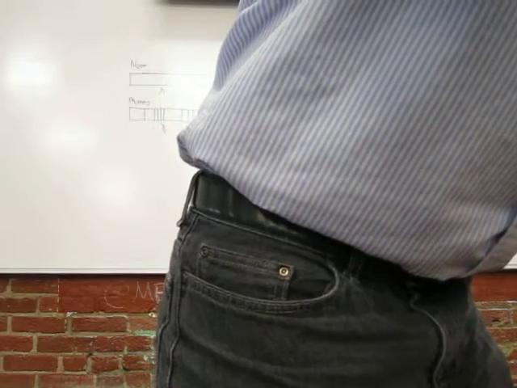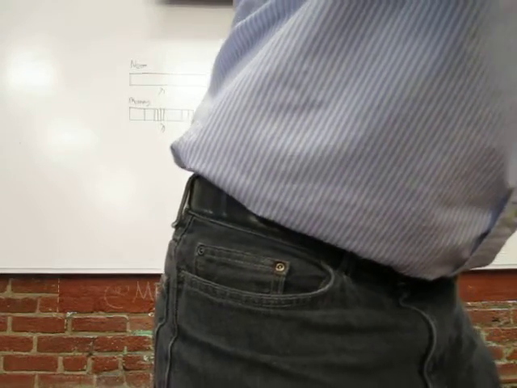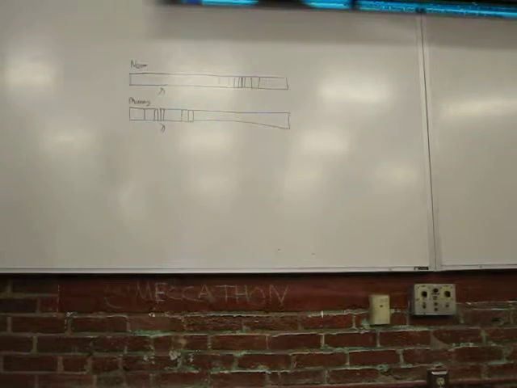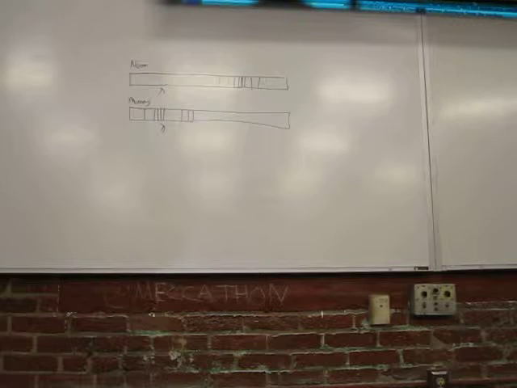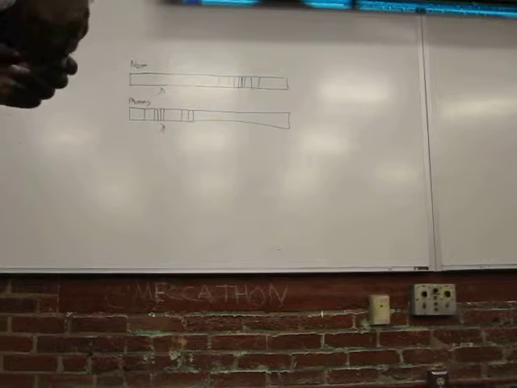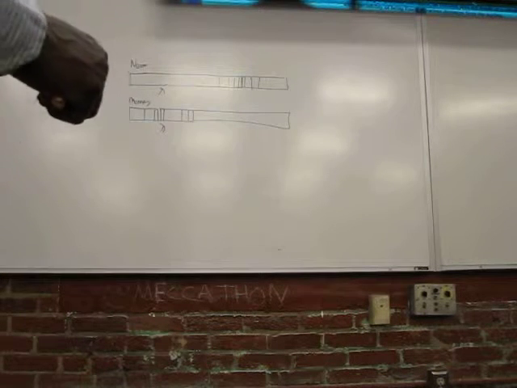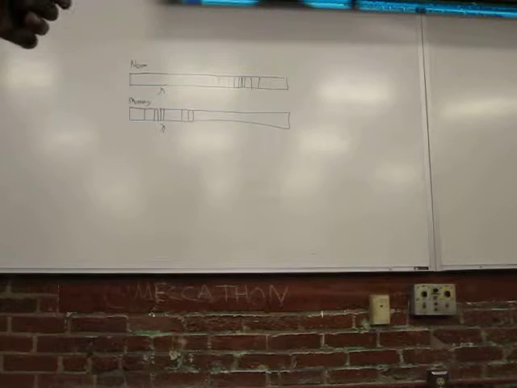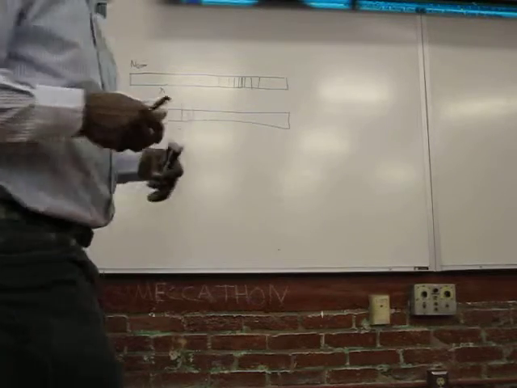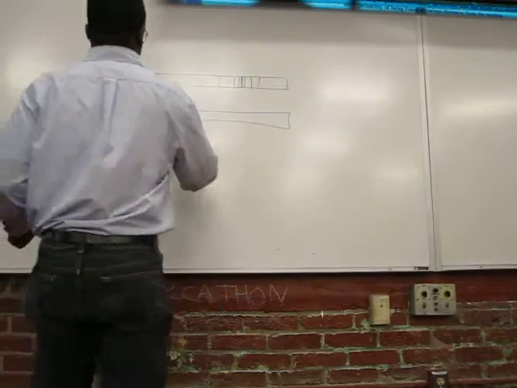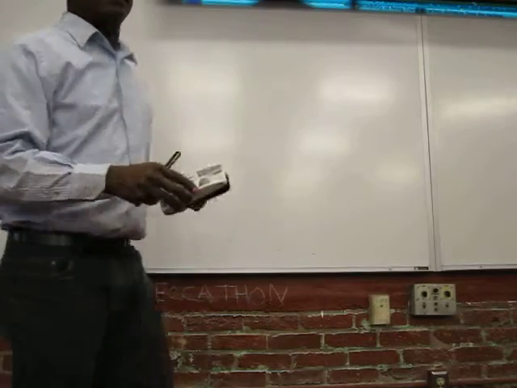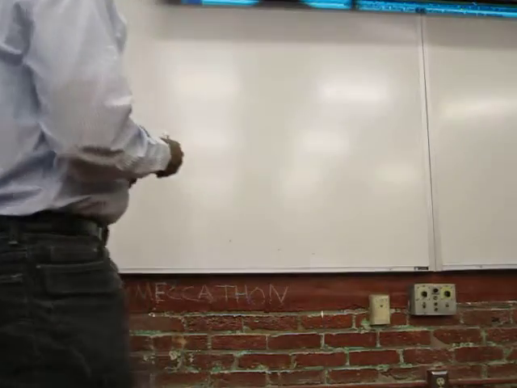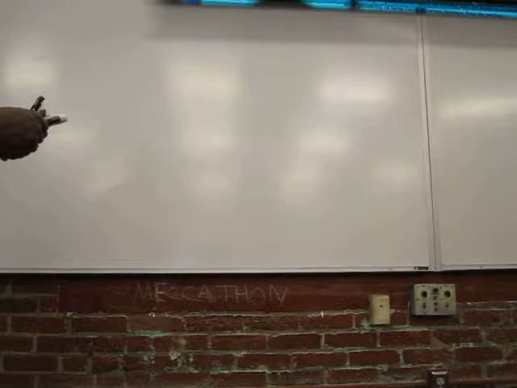Then Bohr came up with an idea for the hydrogen atom. He came up with a planetary model of the hydrogen atom, where the electron is orbiting the nucleus, like the moon orbits the Earth, or the Earth orbits the sun.